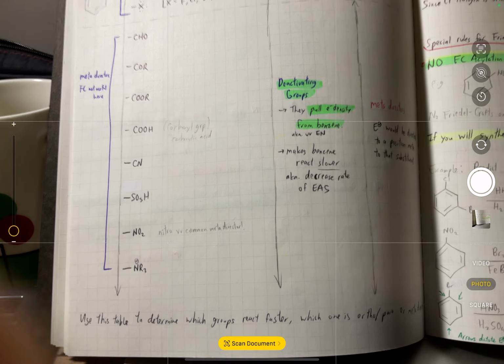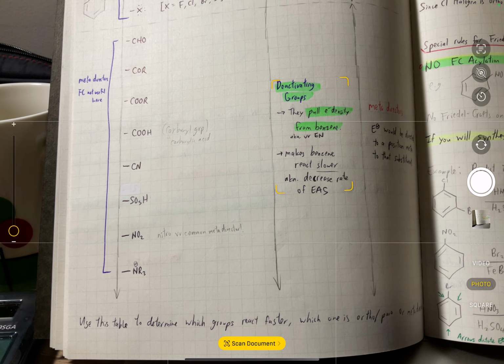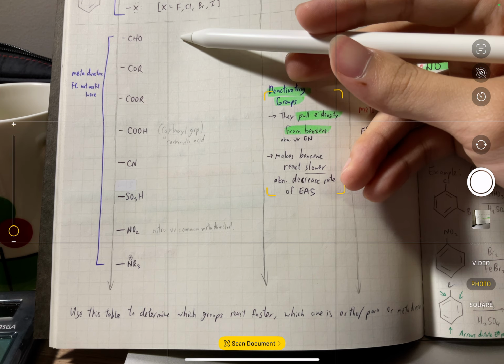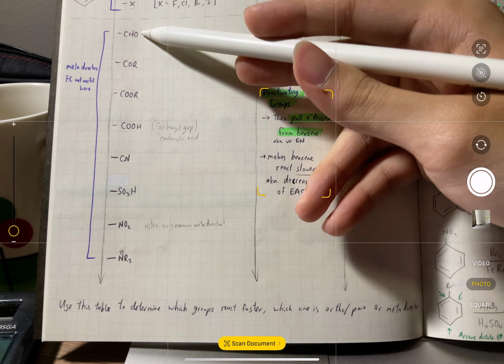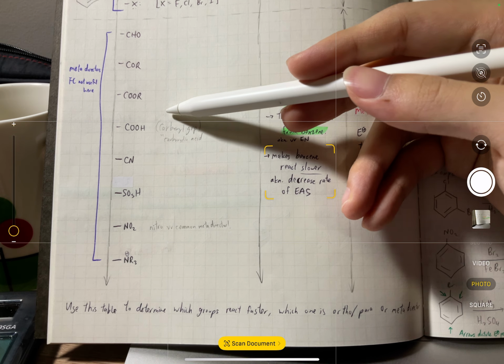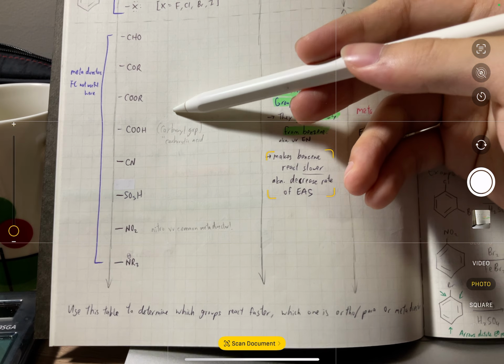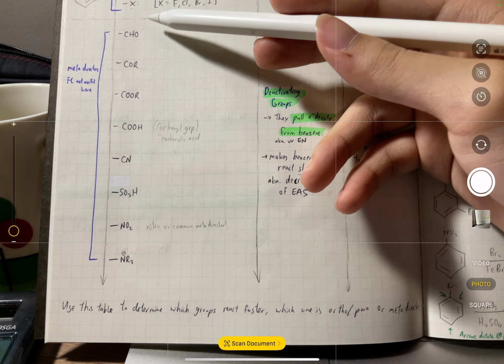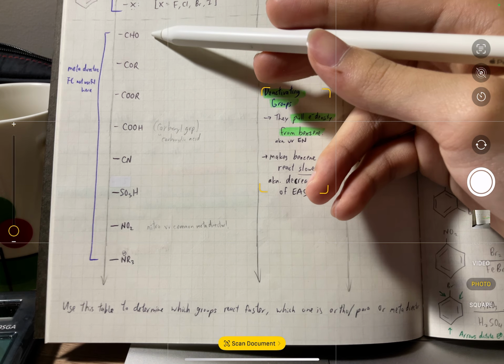So, what's below the table? We have the deactivating groups. As you might have noticed, everything here, from here to here, is a carbon. No, this one is a carboxyl group, carboxylic acid. I think this one is aldehyde.